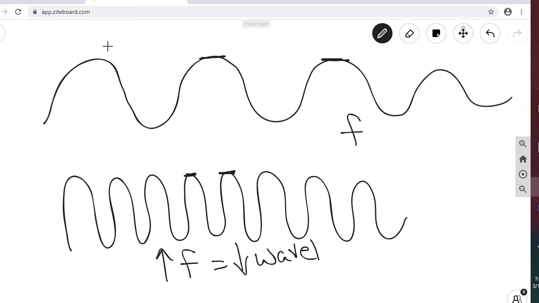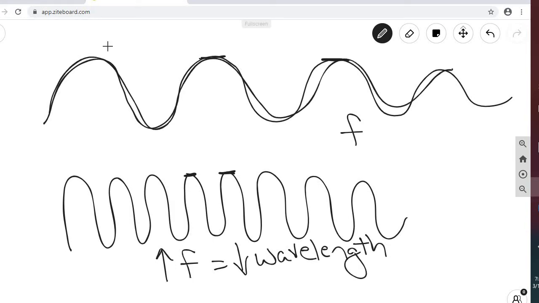In other words, we would say that wavelength and frequency are inversely proportional to each other. As you decrease frequency, the waves become farther apart, and so the distance from peak to peak becomes longer.